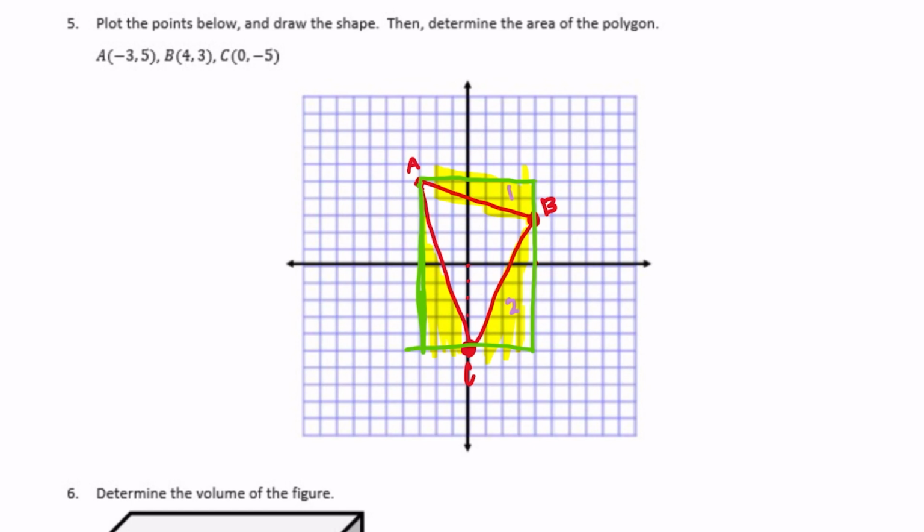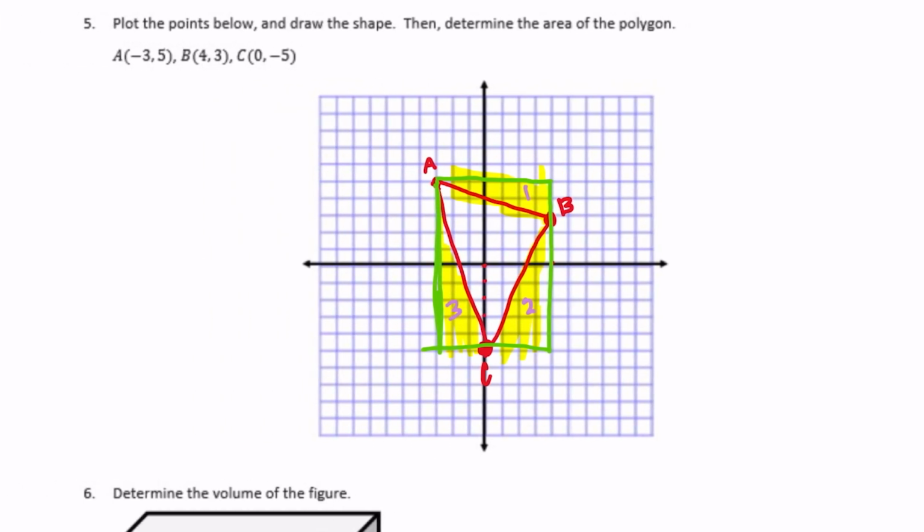1, 2, and 3. First, let's find the area of the rectangle. So the length is 1, 2, 3, 4, 5, 6, 7. And the height is 1, 2, 3, 4, 5, 6, 7, 8, 9, I believe. We count again. 1, 2, 3, 4, 5, 6, 7, 8, 9. Nope, it's 10.